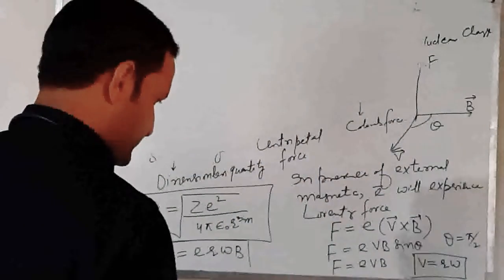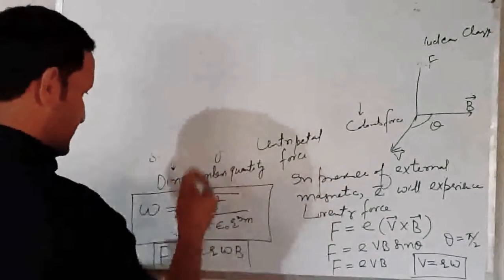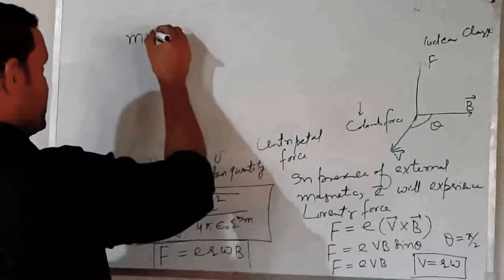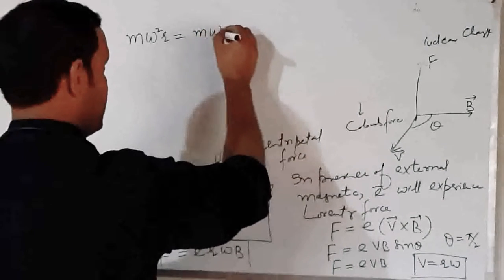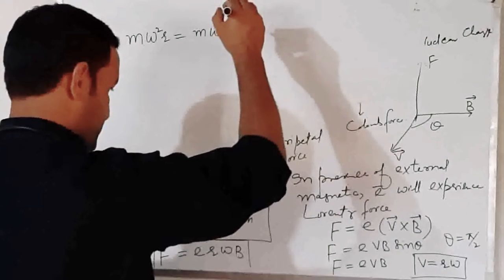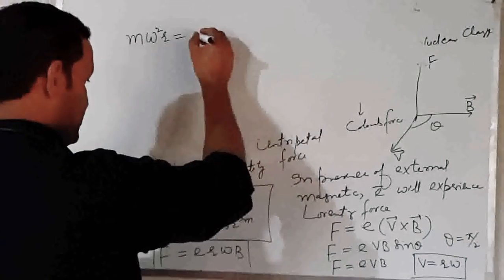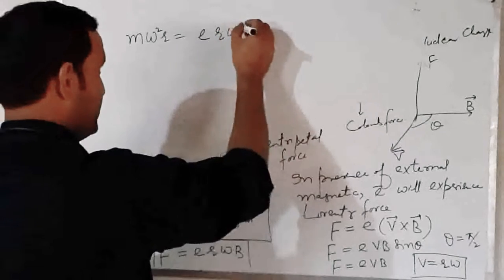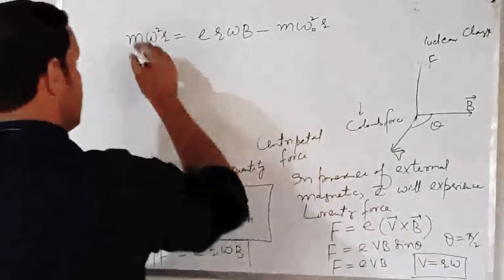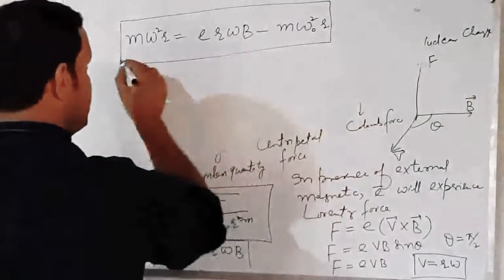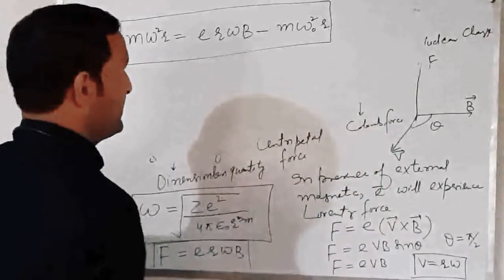So we can write the angular velocity relation as m omega square r equal to m omega naught square r plus e r omega B. This is the centripetal force, equal to the Lorentz force plus m omega naught square r.